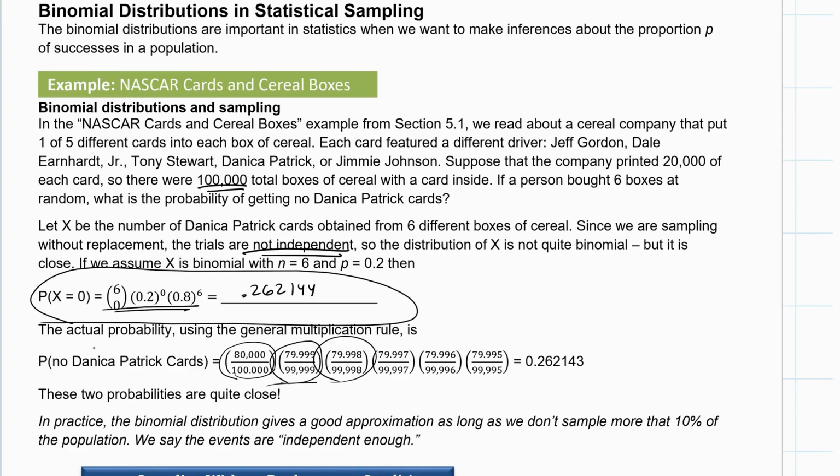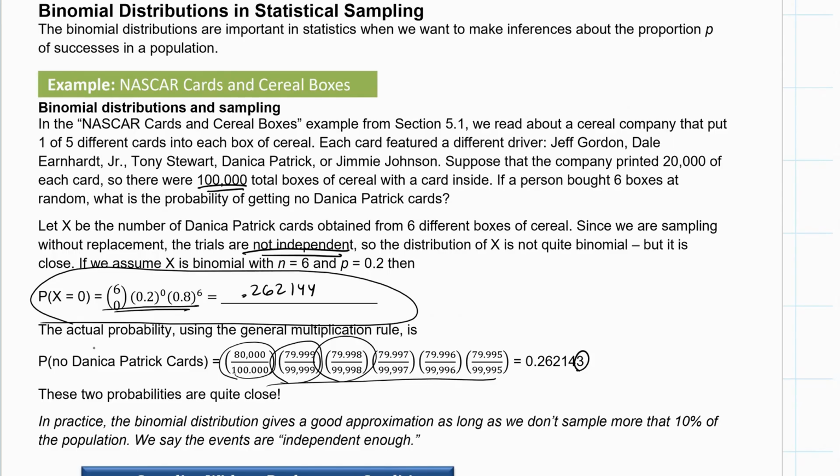Here's me calculating it correctly, taking into account the lack of independence. And you see, the only difference between these two numbers is like the 6th digit. And let's face it, at the 6th digit, do we really even care? And the answer is no, we don't. Here's what we're going to say.